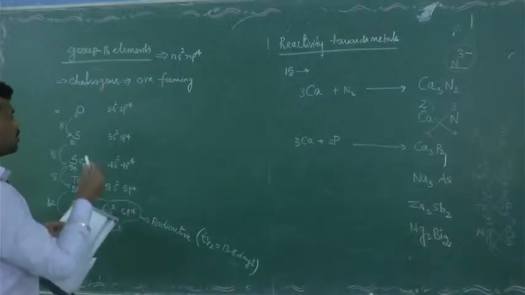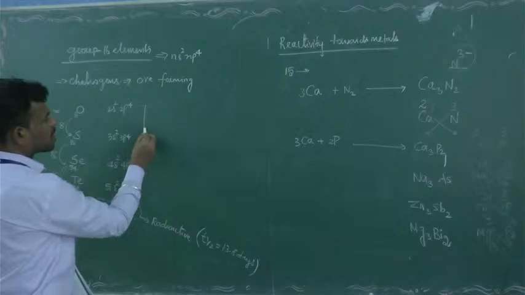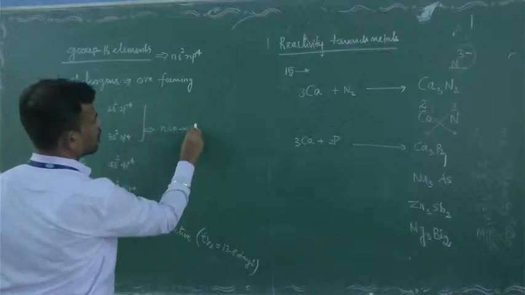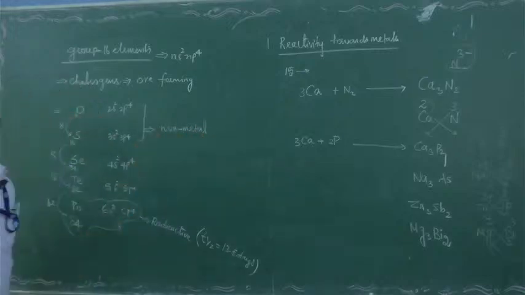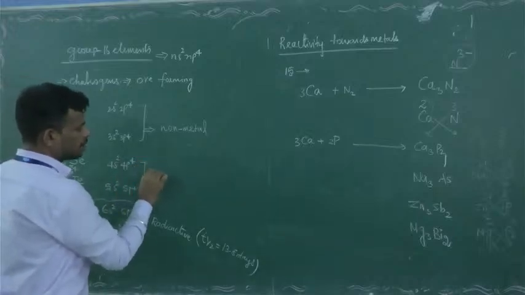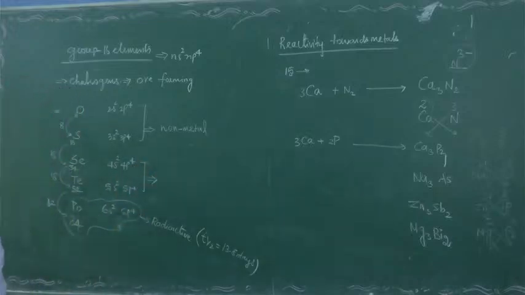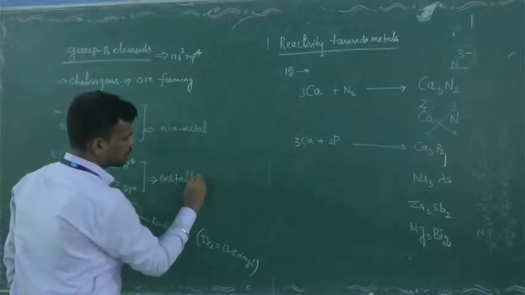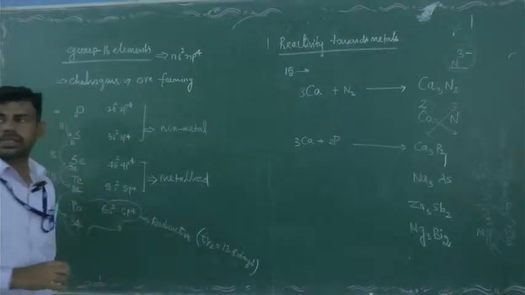Among these, oxygen and sulfur are non-metals. Whereas selenium and tellurium are metalloids.